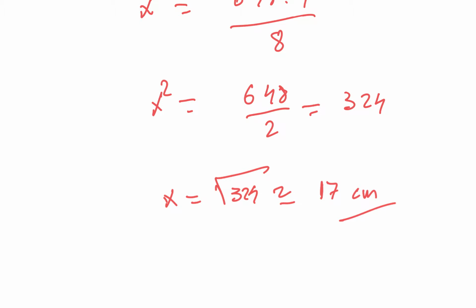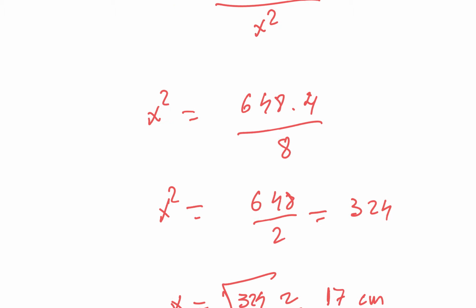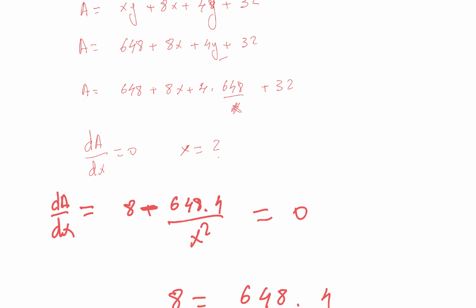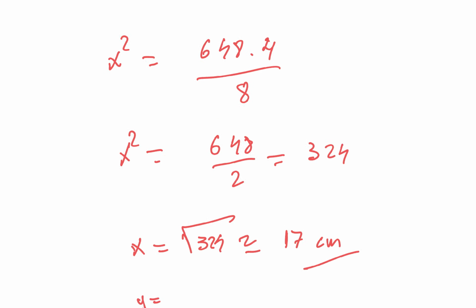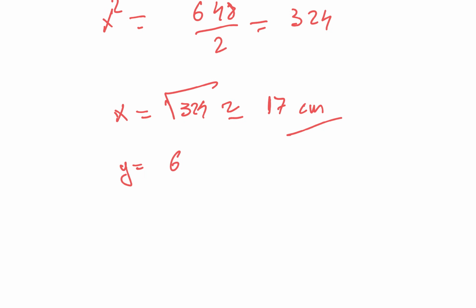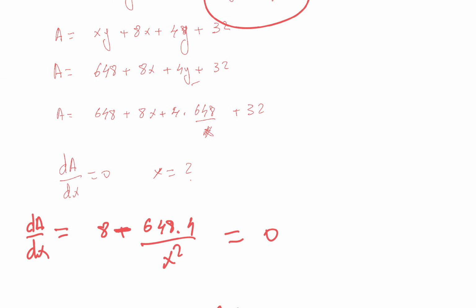So what is the y? The y is here. The y is 648 divided by x. So 648 divided by what? By x.